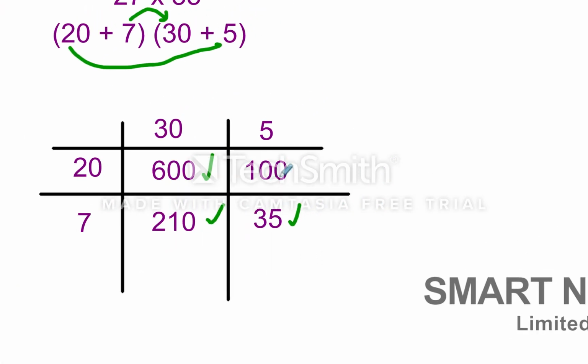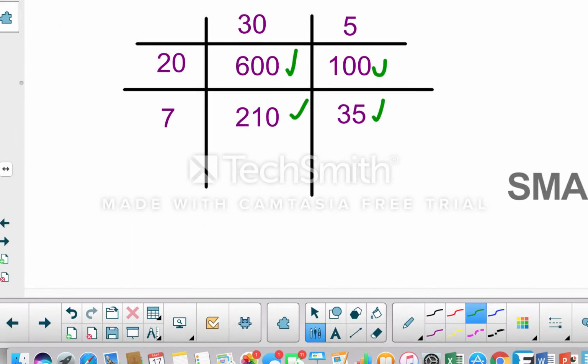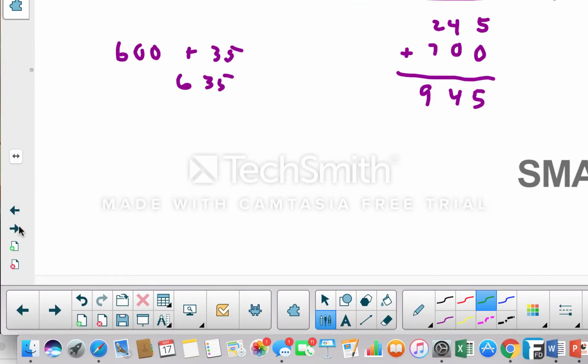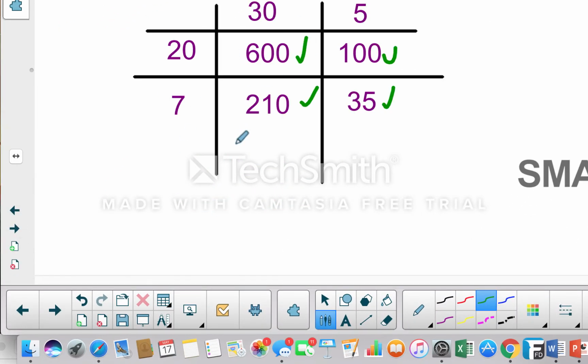And if I add up all of these things, 600, 700, 910, 945, I get that same answer that we just got with the standard algorithm. And this is kind of a cool way to do the math. You could almost do it easier mentally doing it like this.